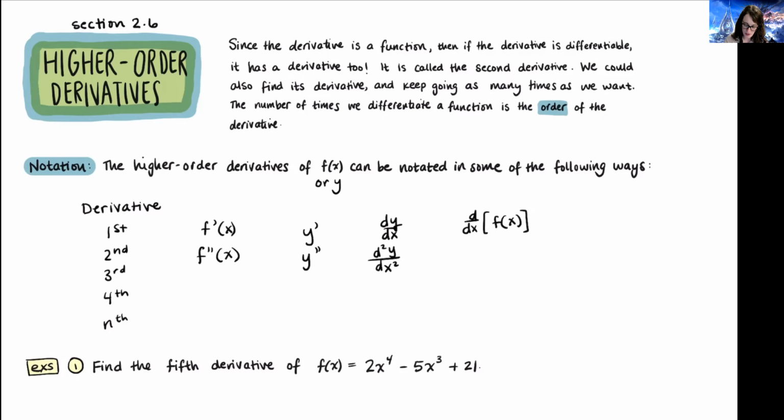That means we found the derivative twice of y, and we did it twice with respect to x. That's why the square is on the x in the bottom and the square is on the d in the top. This would be the derivative of the first derivative.